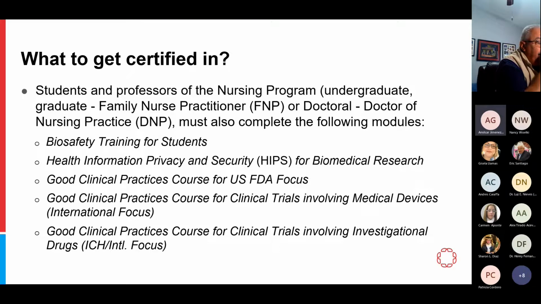Students and professors of the nursing program, undergraduate, graduate, the FNP, and doctoral, the DNP, must also complete the following: biosafety training for students, health information and privacy for biomedical research, and the 3 certifications in good clinical practices.